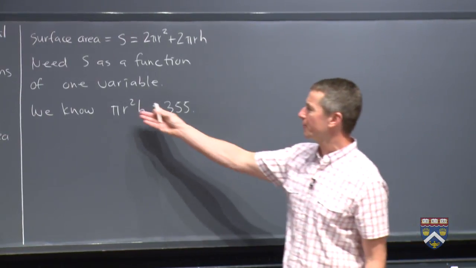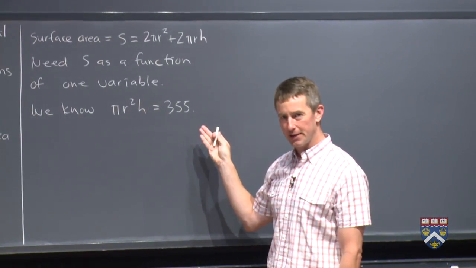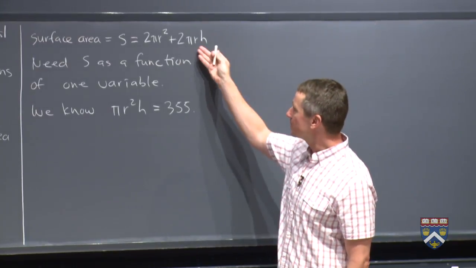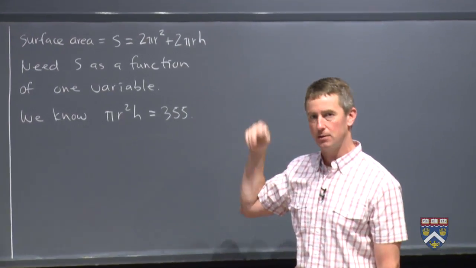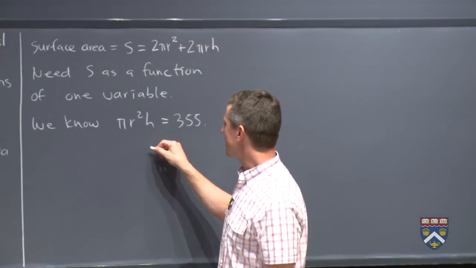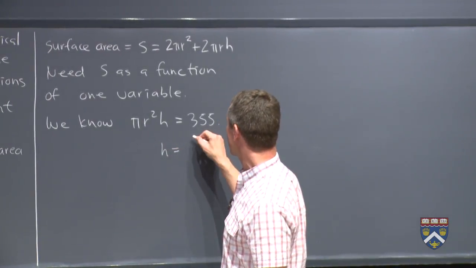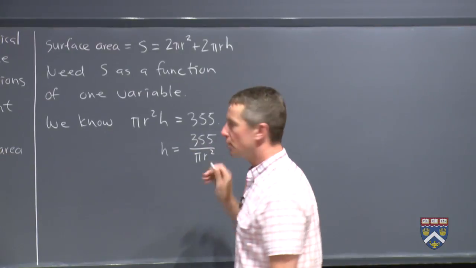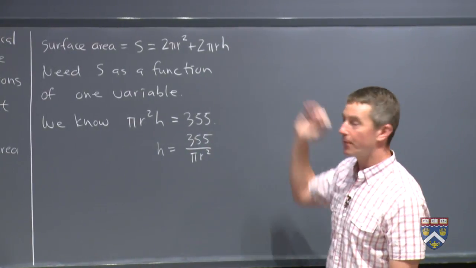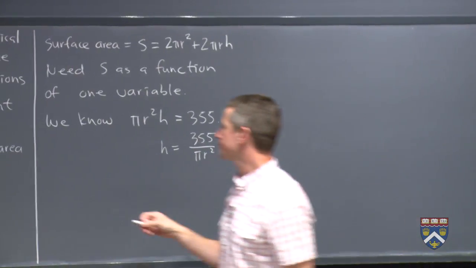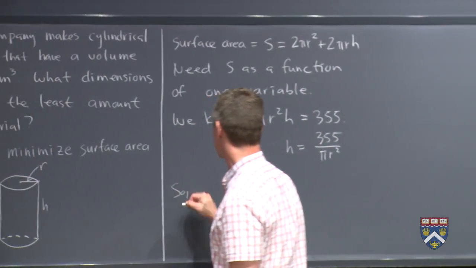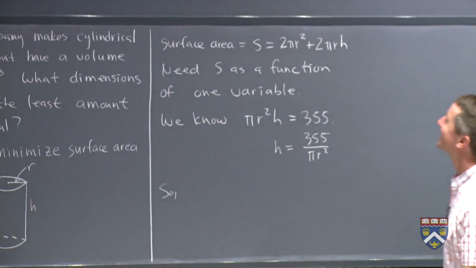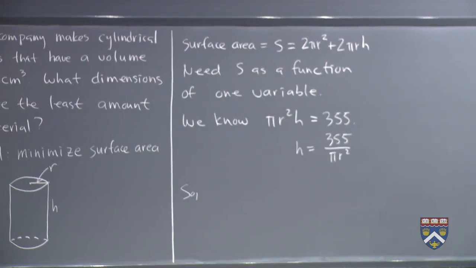Because if we tried to solve for r, we'd have to take a square root on the other side, and we'd have to plug r in two different places up here. On the other hand, solving for h, I just get 355 over pi r squared, no square roots involved, and only one place for me to plug it back in up there. It'll work the other way. It'll just be harder. So there's no reason to make things unnecessarily hard here.